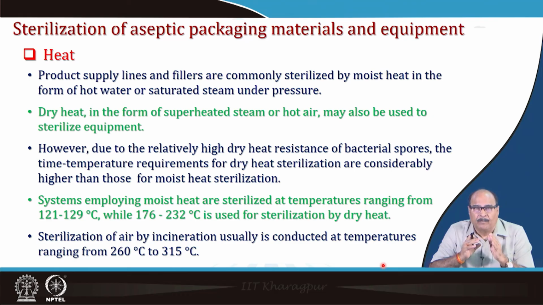Systems employing moist heat are sterilized at a temperature ranging from 120 to 130 degrees Celsius, or to be precise 121 to 129 degrees Celsius, while 176 to 232 degrees Celsius is used for sterilization by dry heat. Sterilization of air by incineration usually is considered at temperatures ranging from 260 degrees Celsius to as high as 315 degrees Celsius.